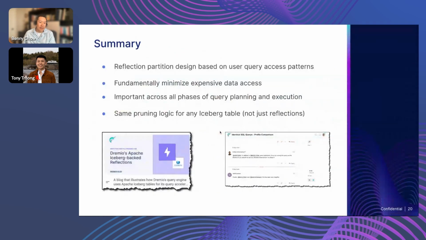Okay. So in summary, your reflection partition design is going to be based on your user query access patterns. What that means is that if you're trying to accelerate some dashboard, and your dashboard always filters on some column or always prompts on some column, and that column is, say, low to medium cardinality, that would be a good column to consider partitioning on in your reflection.